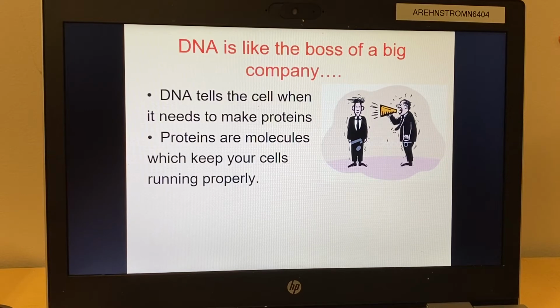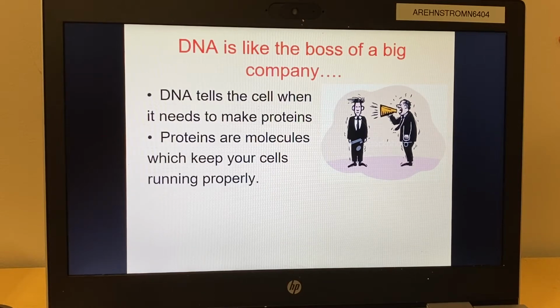As a reminder, proteins are the most numerous molecules in your cells and they do the most work. So it makes sense that DNA is going to carry the instructions to code for protein. If your cell needs a lipid made, there's going to be a protein that makes it, okay? Usually an enzyme.